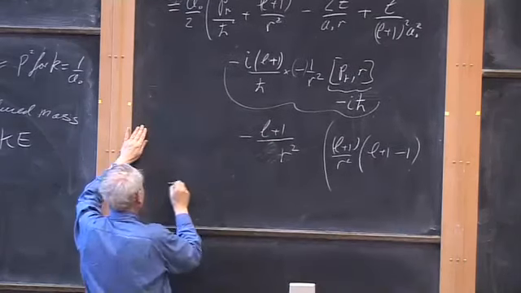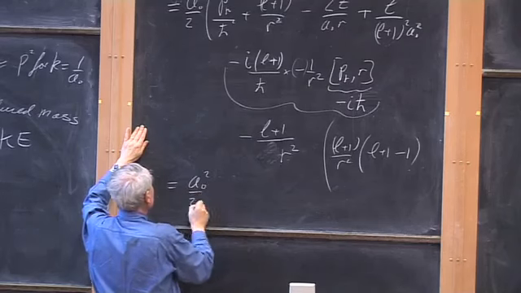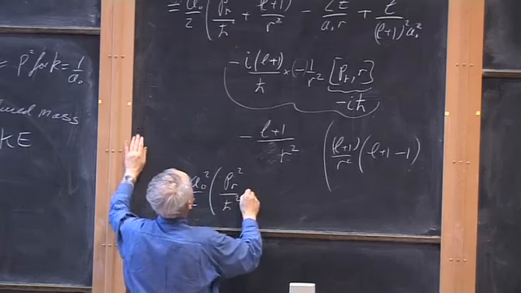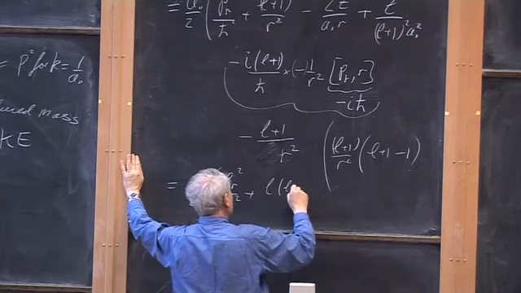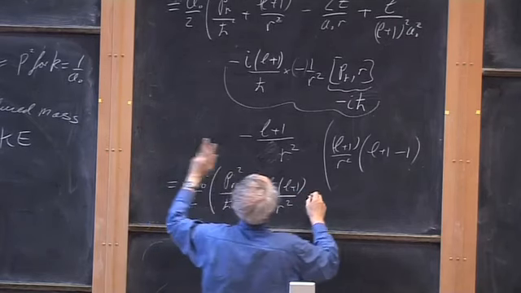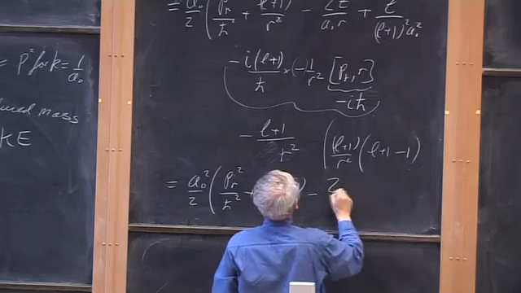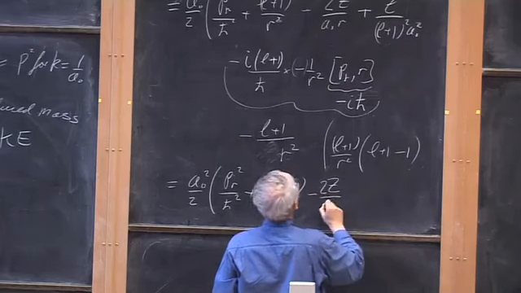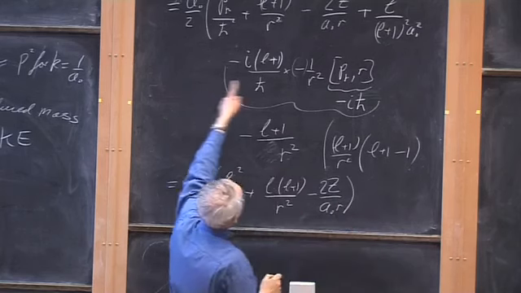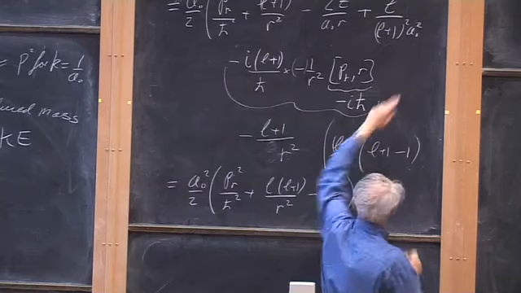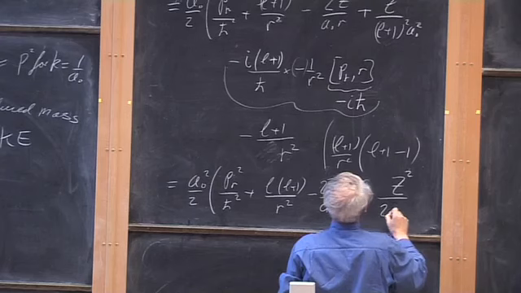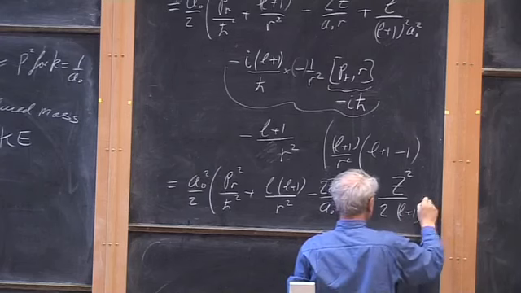So this is going to be a0 squared over 2, P_R squared over h bar squared plus (L plus 1) over R squared minus 2Z over a0 R, close brackets, and then I'm going to take this and join it on that, so we get plus garbage, and the garbage term is Z squared over 2(L plus 1) squared.